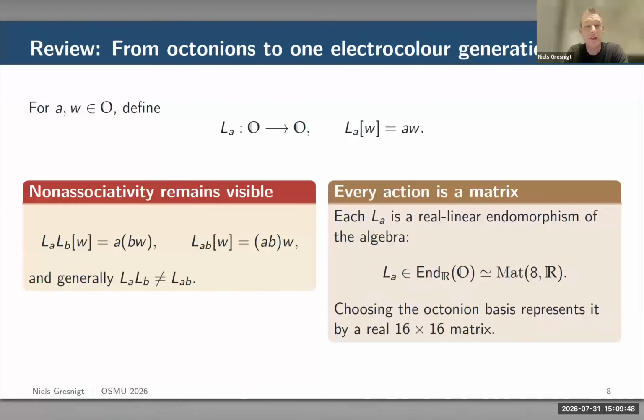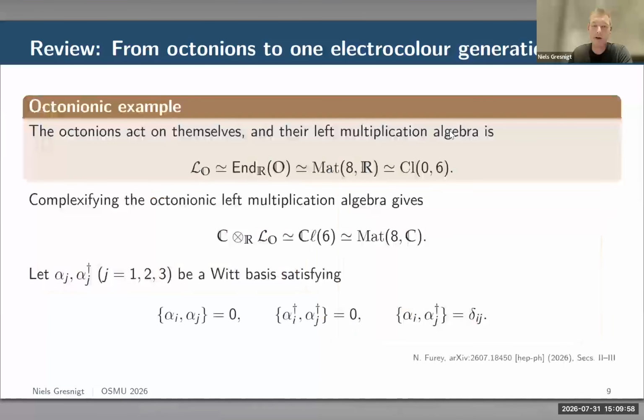So each such left action corresponds to an 8x8 matrix. And if you use the octonion basis elements, then you find that they anti-commute as left actions, and they give you a representation of the Clifford algebra CL0,6. Then once you complexify that, that would give you the complex Clifford algebra CL6.